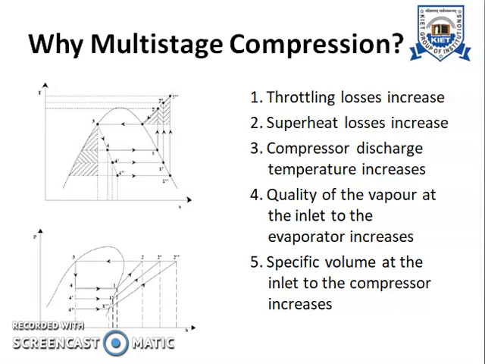Now coming to the TS diagram, the throttling process is represented by 3-4 when we talk of an evaporator temperature around minus 5 degrees Celsius or minus 10 degrees Celsius, or as previously discussed, let us take it to be minus 15 degrees Celsius also. The loss is represented by the shaded triangle on the left hand side, as you can see. Now if we go further to a lower temperature, that is below minus 15.